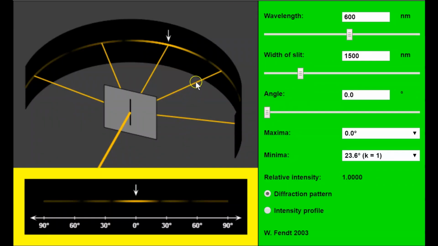So here is the diffraction applet by Phys4C, and what you're seeing here is that I set the wavelength to 600 nanometers, and the aperture size is 1500 nanometers. So as light comes in, I have the central max here, which you could see right here at 0 degrees.